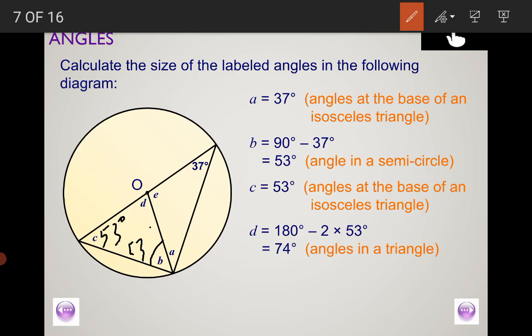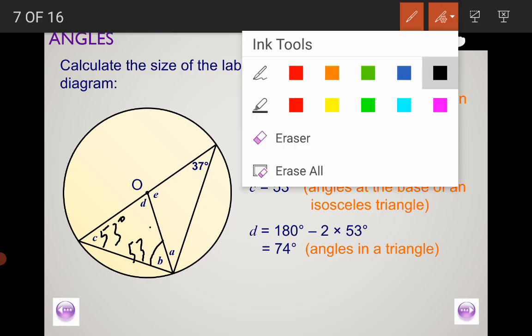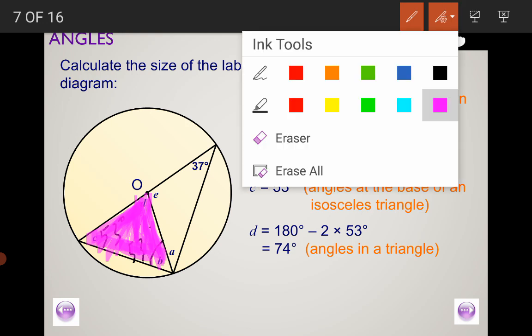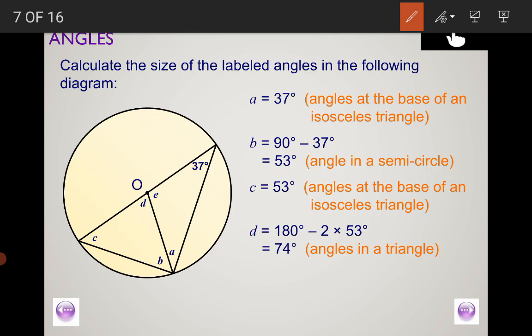But if you look at the entire triangle, let's say you're looking at this triangle here, the angles in it will add up to 180 degrees. So the angles in a triangle add up to 180.